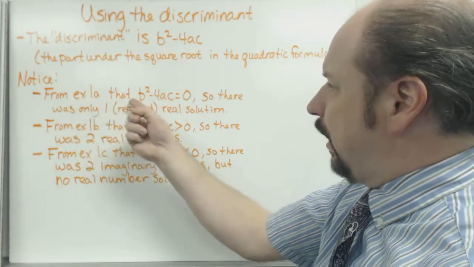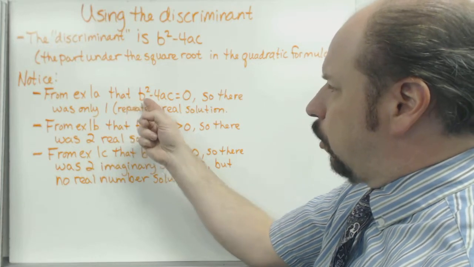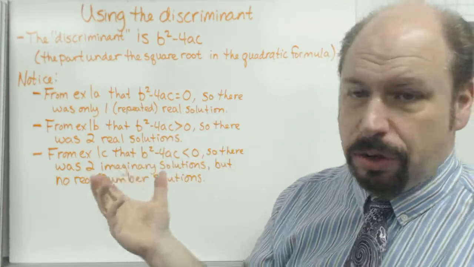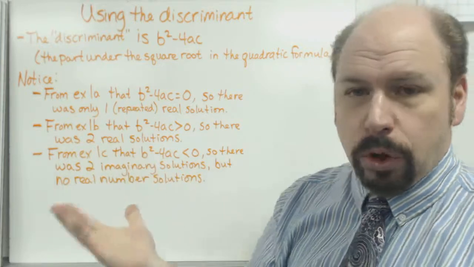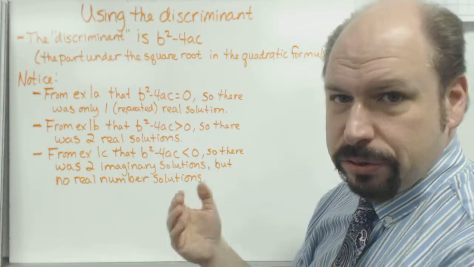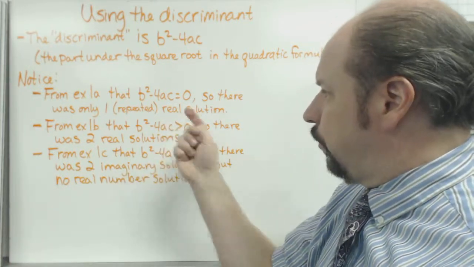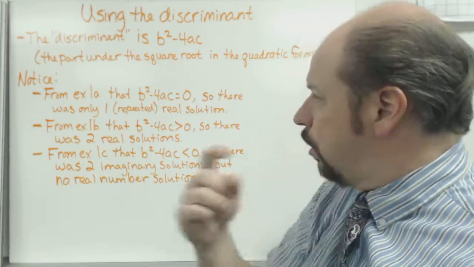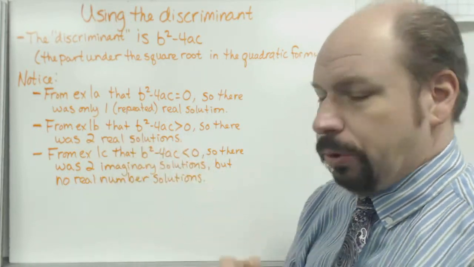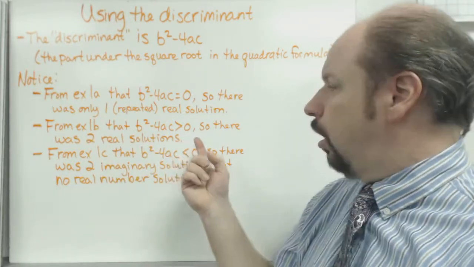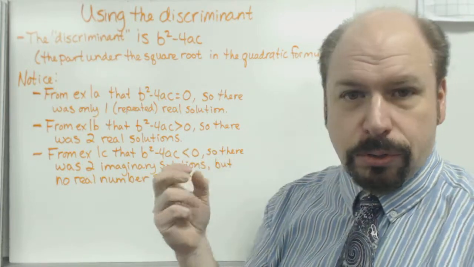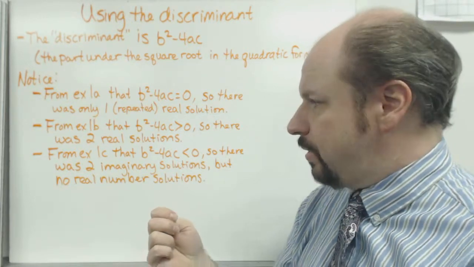From example 1a, our b squared minus 4ac was 0. So there was only one solution there. It was a repeated solution, but only one solution, and it was a real solution. From example 1b, our b squared minus 4ac was greater than 0, so there were 2 real solutions in that case.